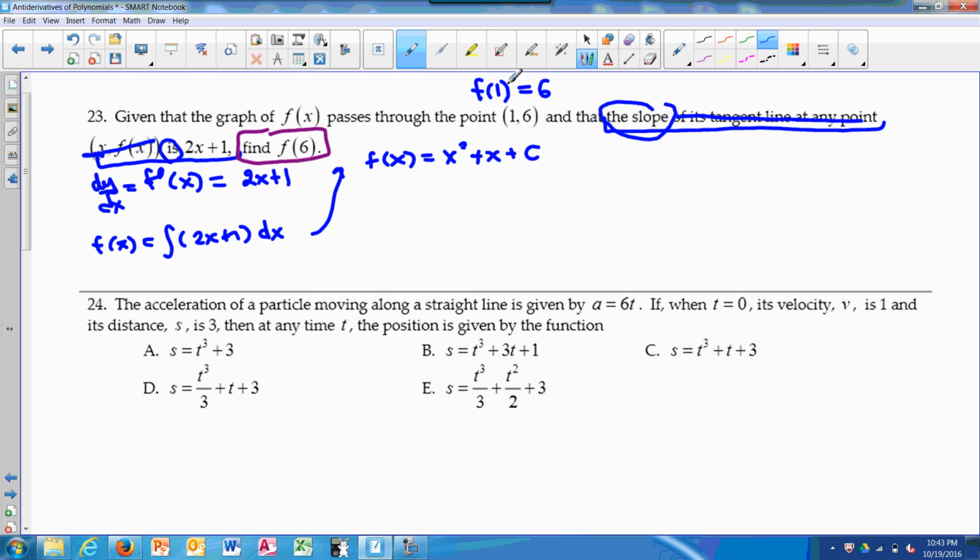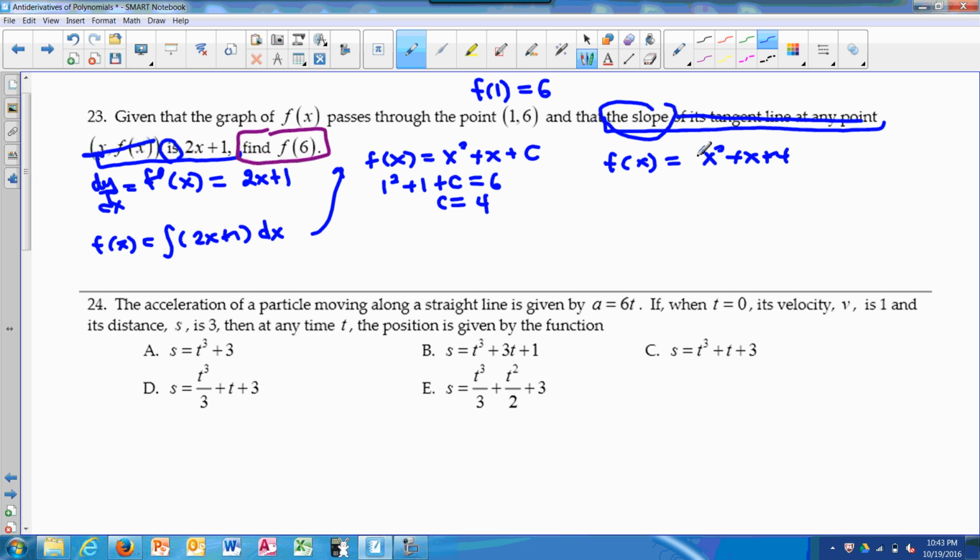They gave me a point on the curve that I'm going to use. So 1 squared plus 1 plus c equals 6. 2 plus c equals 6, so c equals 4. That means that f of x can only be x squared plus x plus 4.